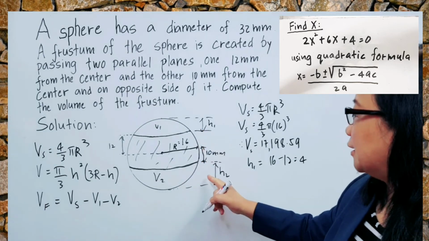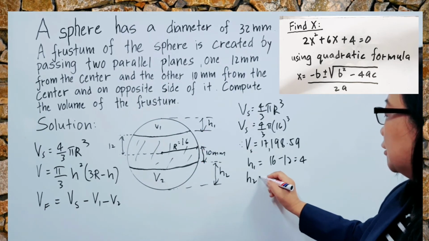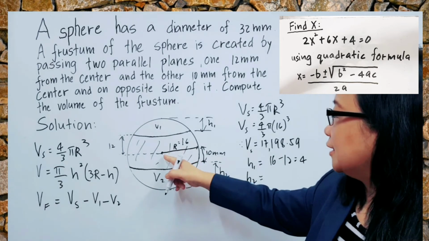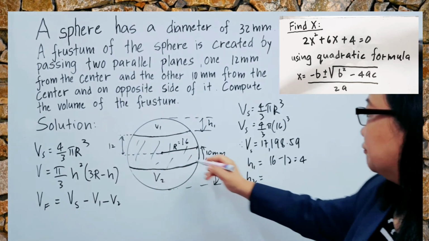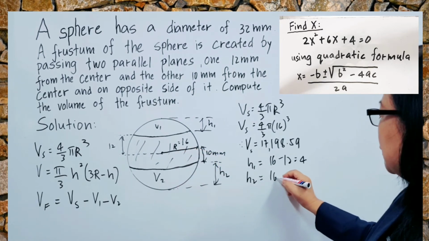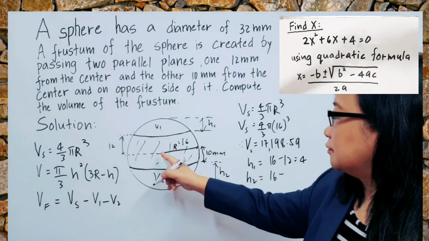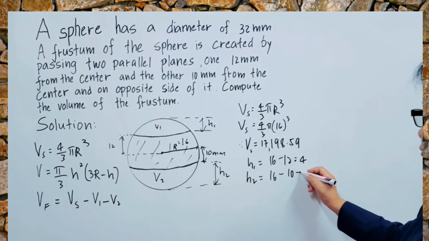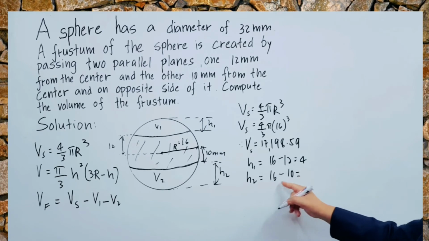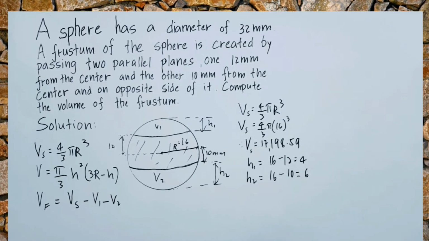This is the H1. And the H2 is equal to, again, 16, because the radius from here to everywhere is 16. So, from here to here is 16 minus this one from here to here, which is 10 mm. So, 16 minus 10 is equal to 6.